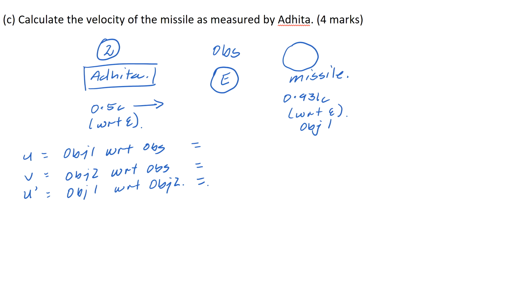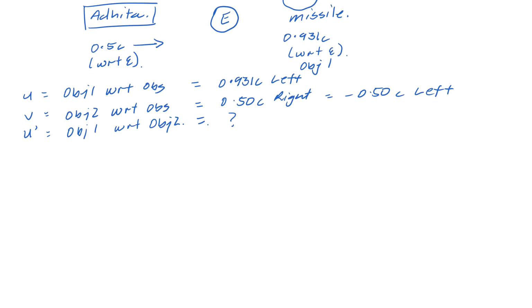All right, so U, we know, is 0.931 C left. Now V is going to be 0.5 C right, so we need to make that negative 0.5 C left. And then we are looking for object 1 with respect to object 2.